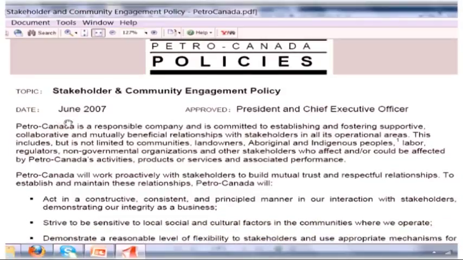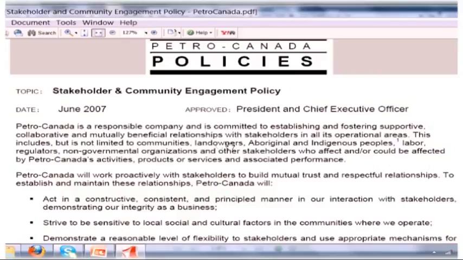Now the policy reads as follows. Petro-Canada is a responsible company and is committed to establishing and fostering supportive, collaborative, and mutually beneficial relationships with stakeholders in all its operational areas. This includes, but is not limited to, communities, landowners, Aboriginal and Indigenous peoples, labor, regulators, non-governmental organizations, and other stakeholders who affect and/or could be affected by Petro-Canada's activities, products or services, and associated performance.